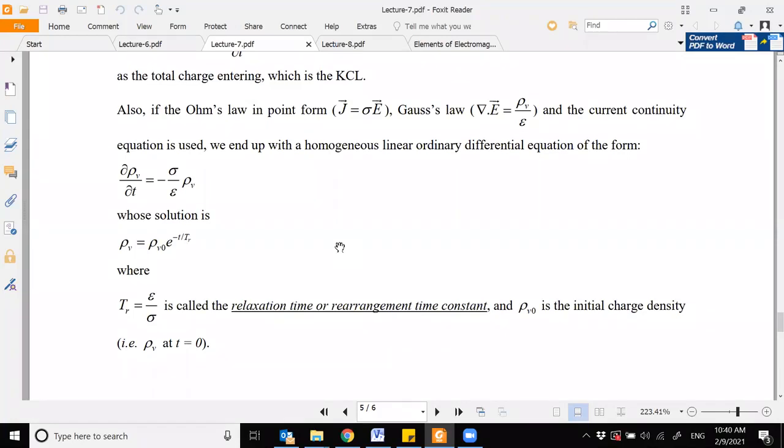These extra charges can come from connecting it to a potential difference, a potential source, or anything.